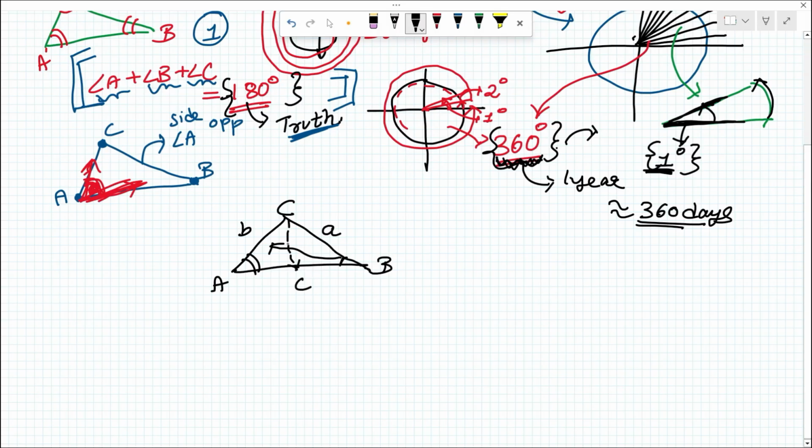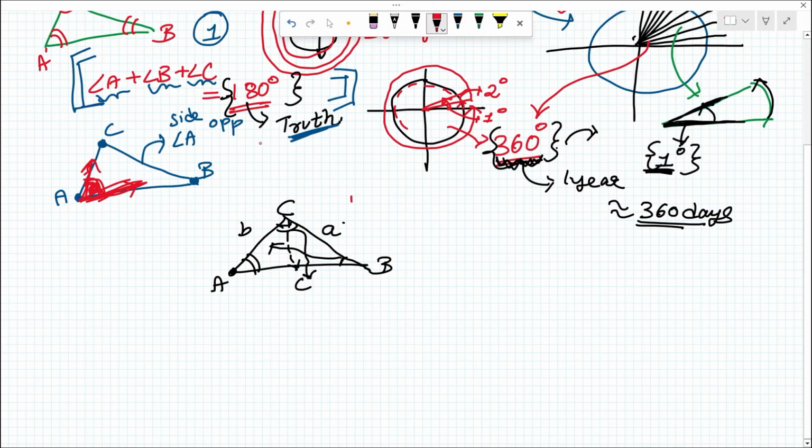So is this clear? If I draw any triangle, henceforth this is how I'm going to represent it. This is angle A. Side opposite to angle A, I will denote by the letter small a. Side opposite to angle B, small b, and side opposite to angle C, small c. This is how I'm going to represent triangles henceforth.